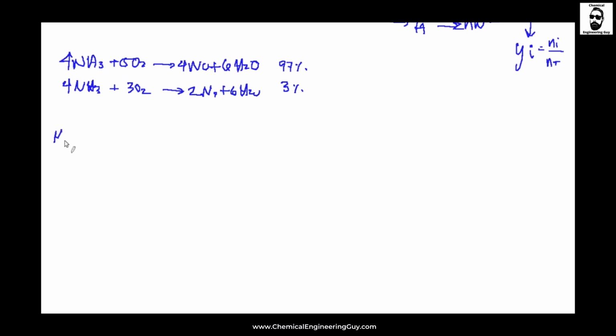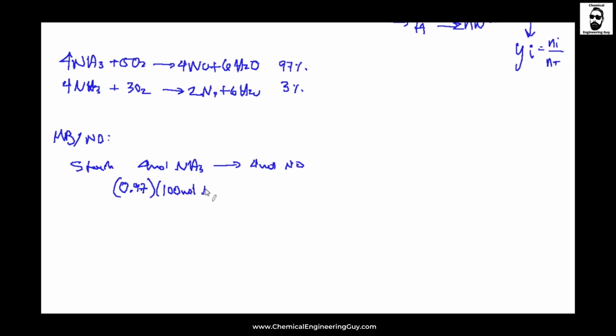So let's do mass balancing in NO. By stoichiometry, we know that 4 moles of NH3 will give me 4 moles of NO. So since we have only 97% of that reacting, the 100 moles of NH3 essentially are 97. Check this. This number should give you 97. So 97 moles of NH3 are going to give me, of course, 97 moles of NO from here.